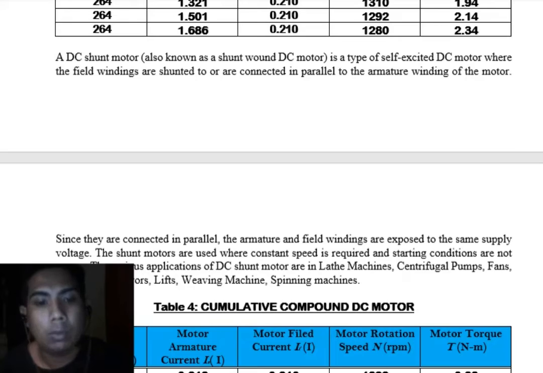The shunt motor is used where constant speed is required and starting conditions are not severe. The various applications of DC shunt motor are in lathe machine, centrifugal pump, fans, blower, conveyor, lift, weaving machine, spinning machine, and so on.